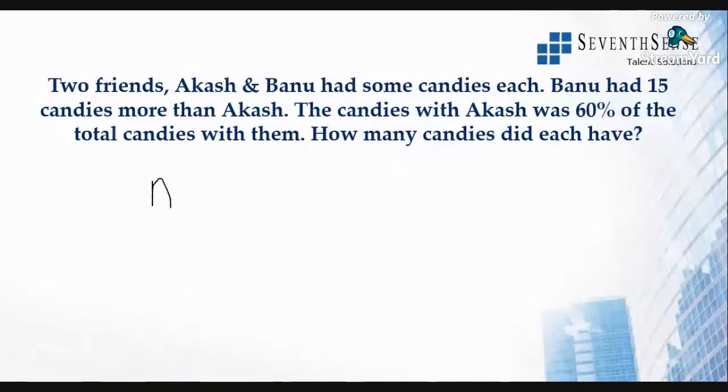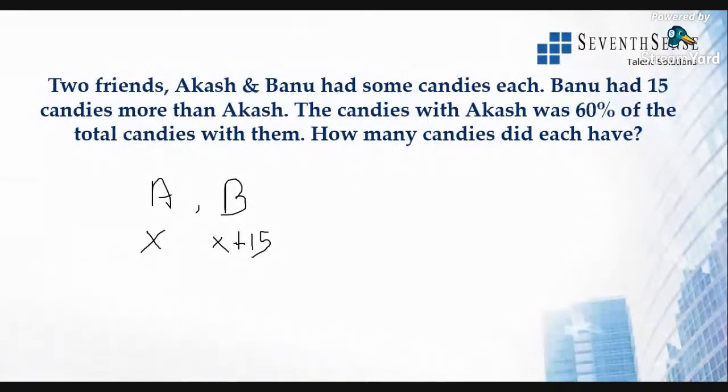Let us say Akash had X candies. They're telling us Banu had 15 candies more than Akash. So X is Akash, Banu will be X plus 15. Then the candies with Akash was 60% of the total candies with them.